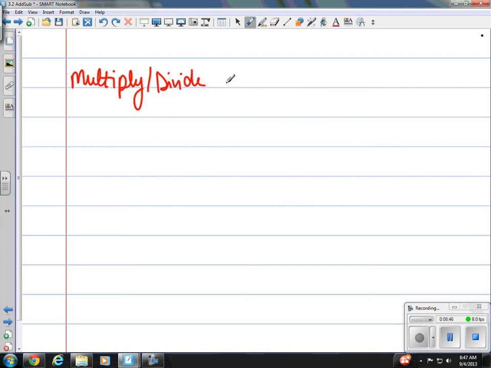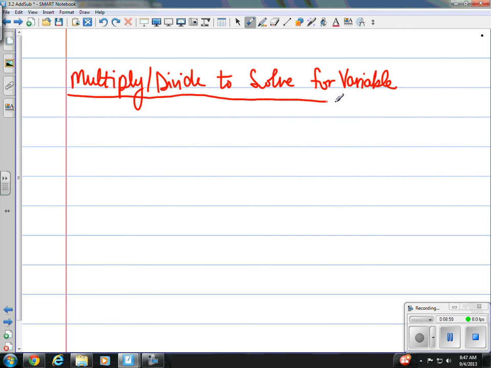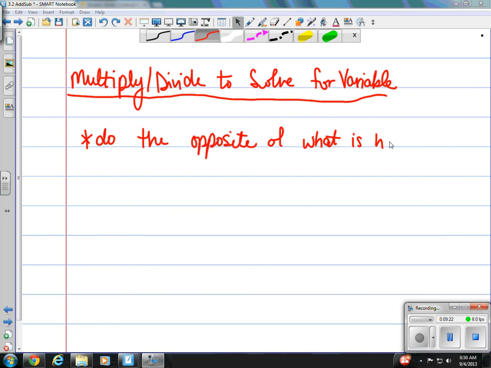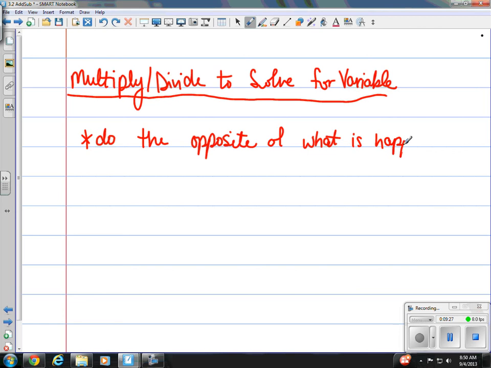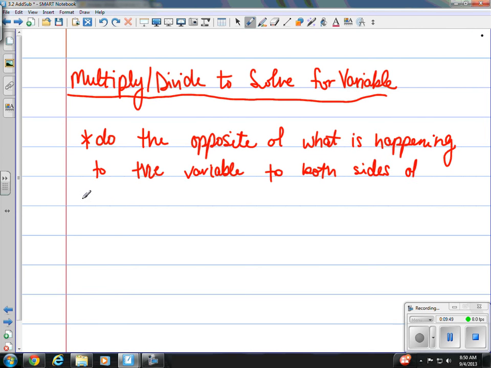Divide, to solve for a variable. Whenever we're going to multiply or divide to solve for the variable, we're going to have to make sure that we do the opposite of what is happening to the variable to both sides of the equation.